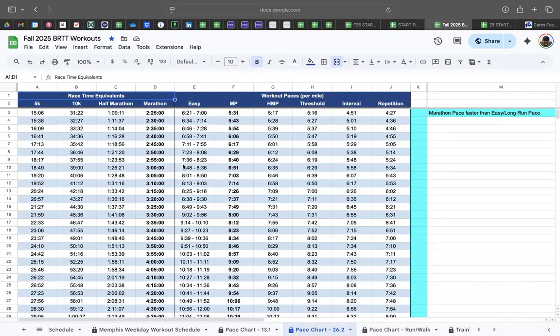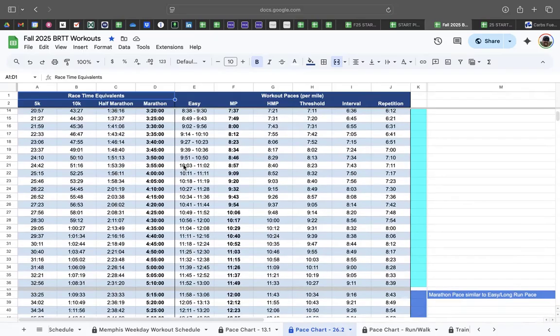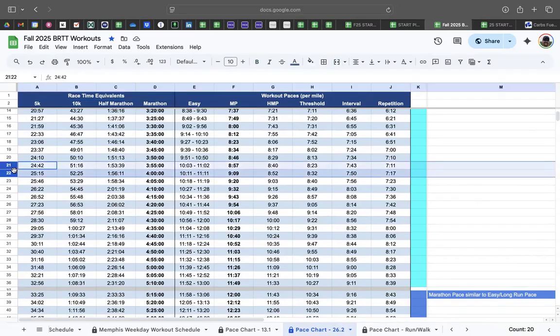So one, we can use it to figure out what might be a reasonable half or full marathon time to expect. So maybe you've recently run a 5K and you ran it in 25 minutes. So you'd come to this 5K column for race time equivalents, and 25 minutes is between the 24:42 and the 25:15. So we're somewhere in these two.